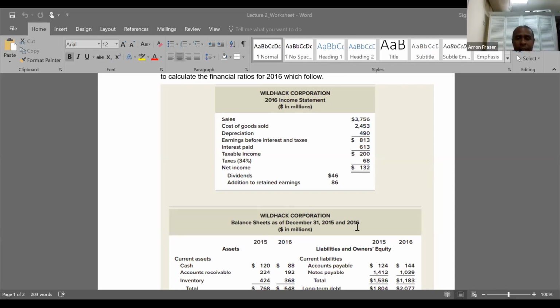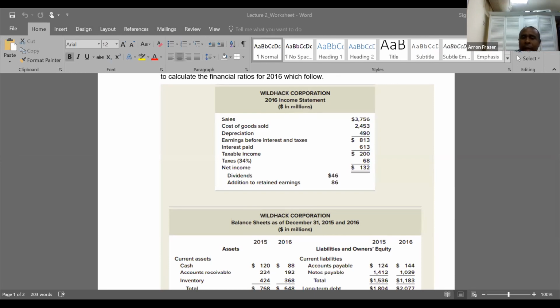And then finally, J, the cash coverage ratio. So we take the same earnings before interest and tax that we had just now of 813, plus depreciation, divided by interest.